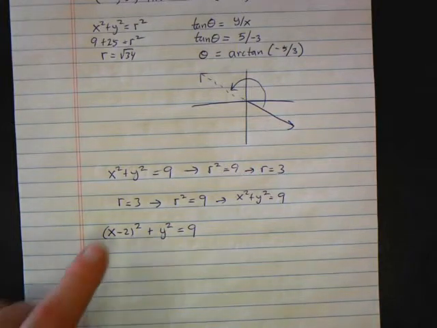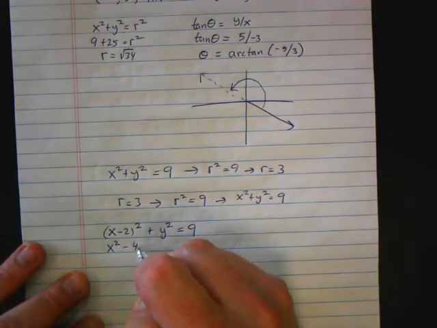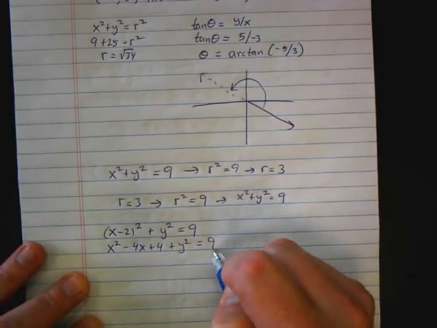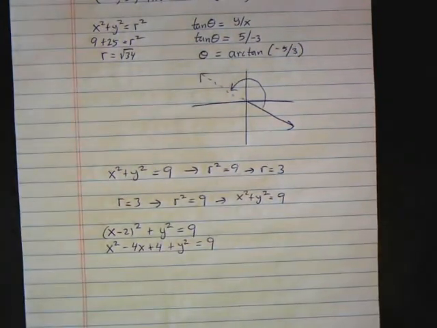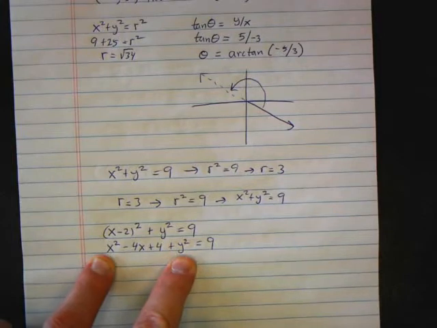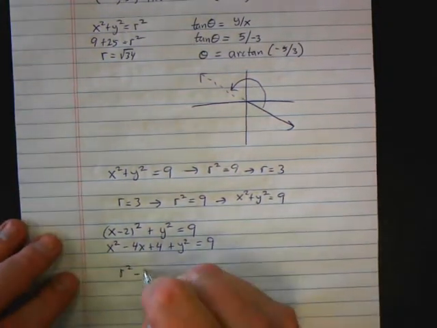Well, I think what I would do is FOIL this out. This would be x squared minus 4x plus 4 plus y squared equals 9. How does that help? Your x squared and y squared just become r squared, minus 4.